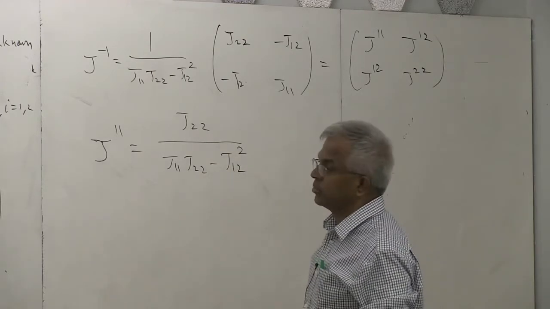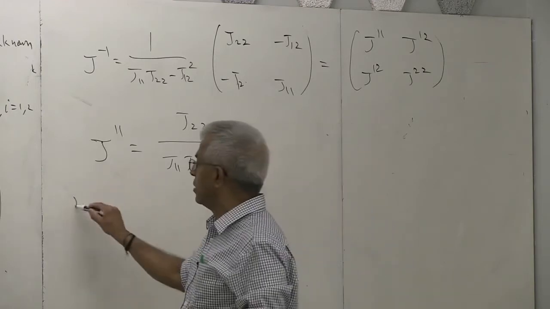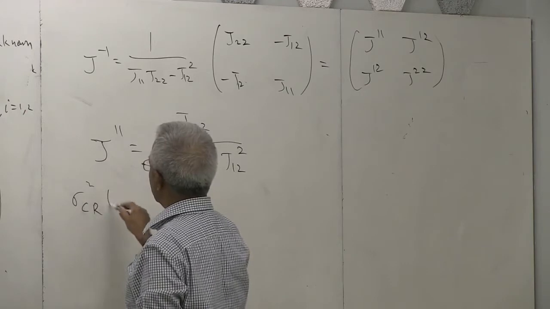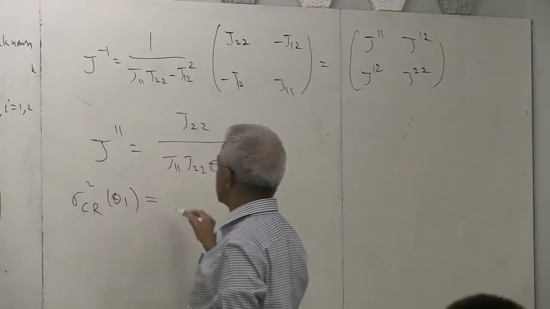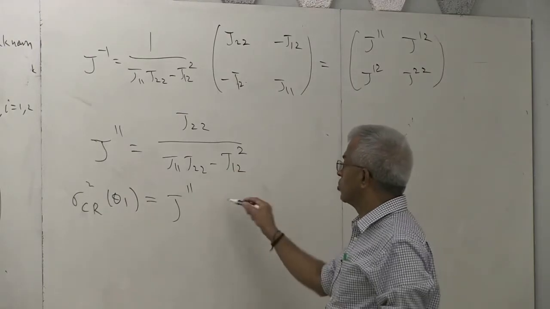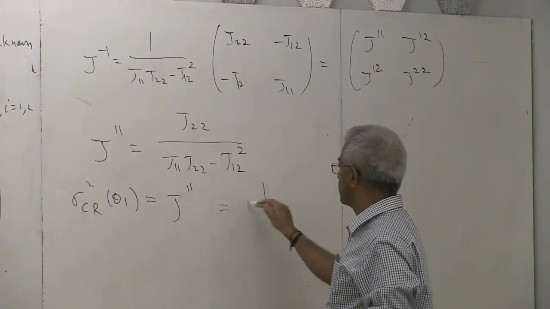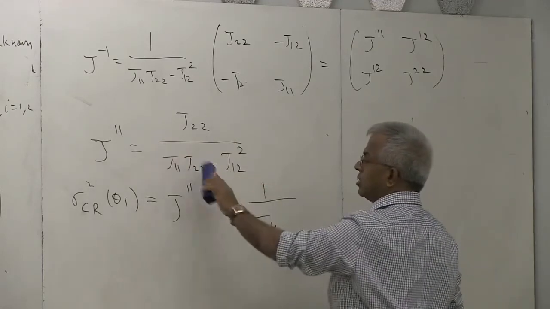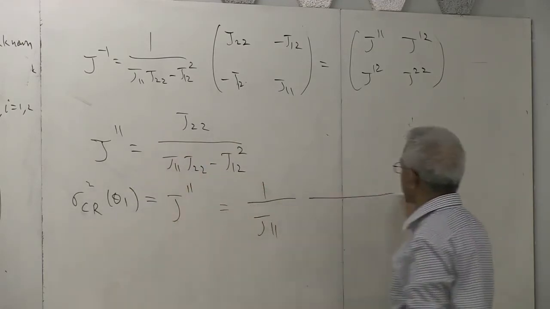So remember, if two unknowns are there, then the Cramer Rao bound for the first one is given by the J11 entry of the inverse, right? So that's going to be, if you want, you can write it as 1 over J11, pulling J22 outside.